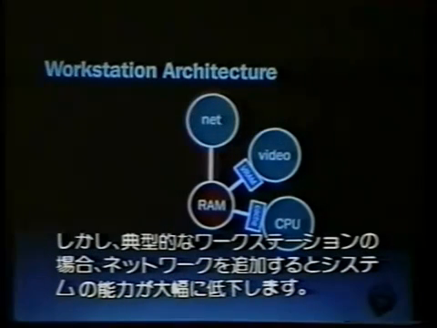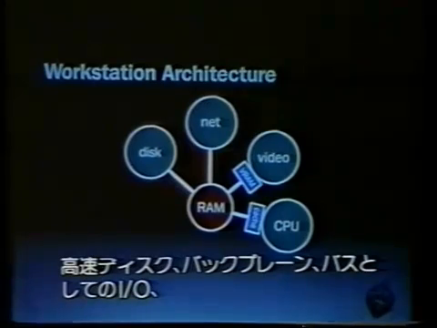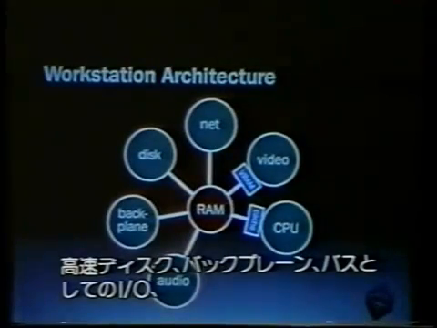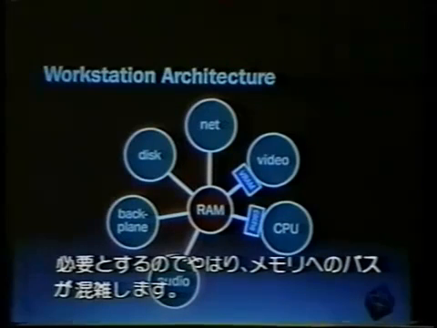Because if you look at a typical workstation, the minute you add a network, it starts to bog down the system enormously. And then you add fast disks. You might add some fast I/O in terms of a backplane or a bus. You might add something like audio. And for high-quality audio, like you find in a CD player, it demands quite a lot of data.